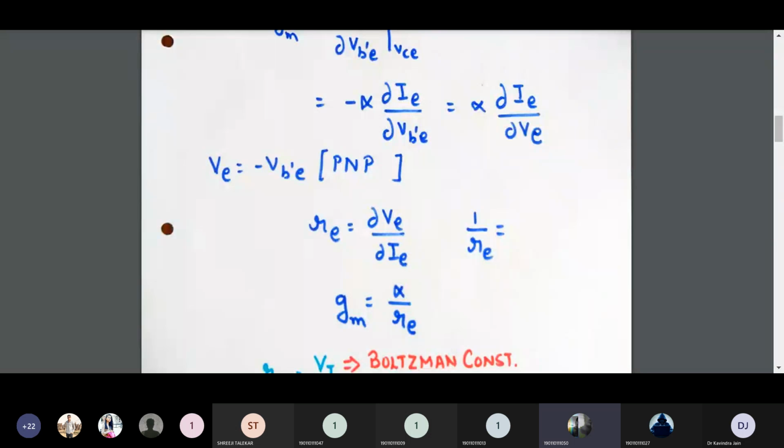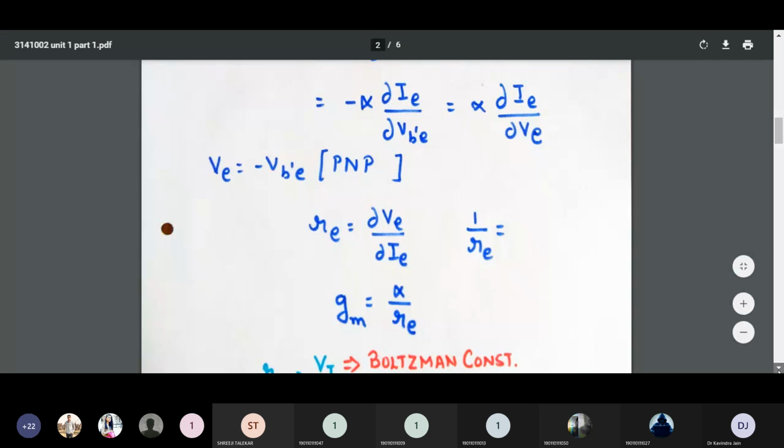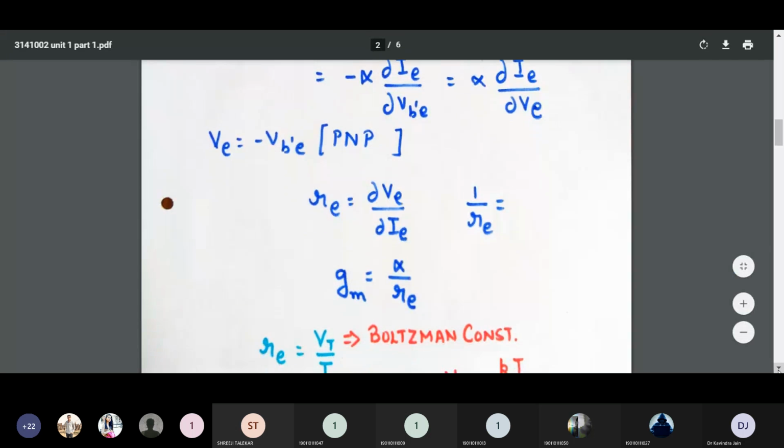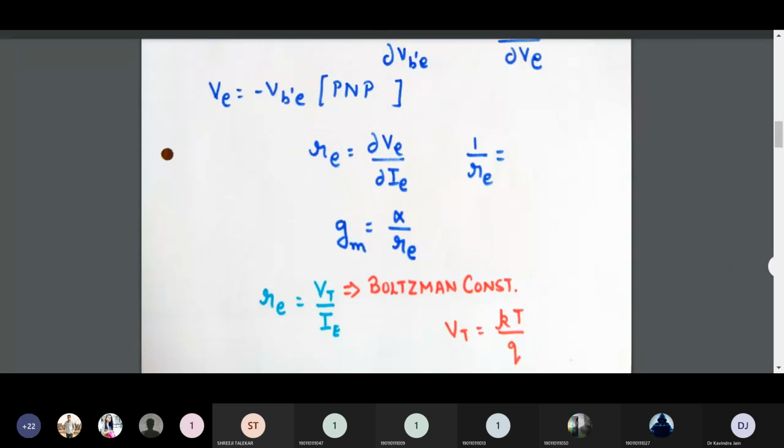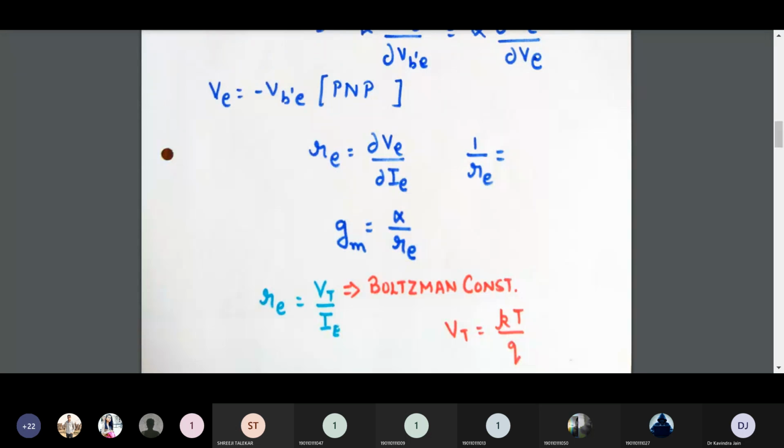Done, sir. Now please note down: emitter diode is forward biased, and RE is equal to this, where VT is our Boltzmann constant.